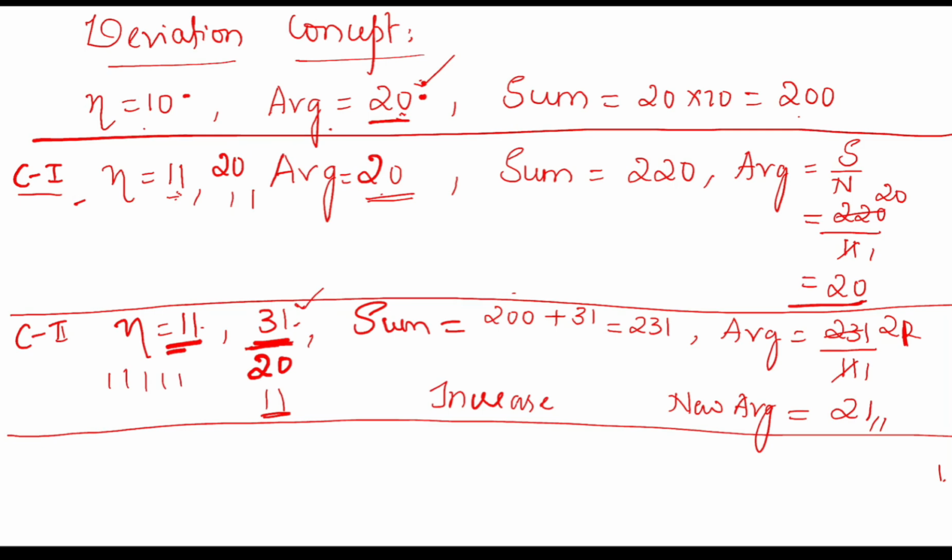Initially they had 20, and now with 1 extra each one will have 21, isn't it? So the average increased by 1. The average became 21.